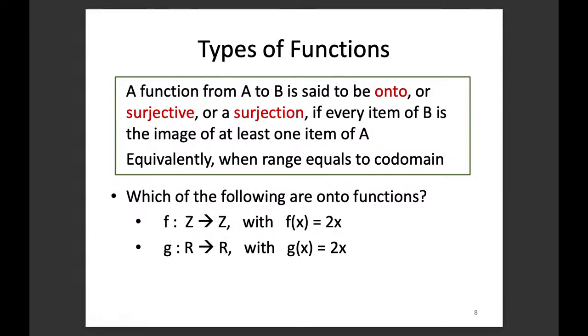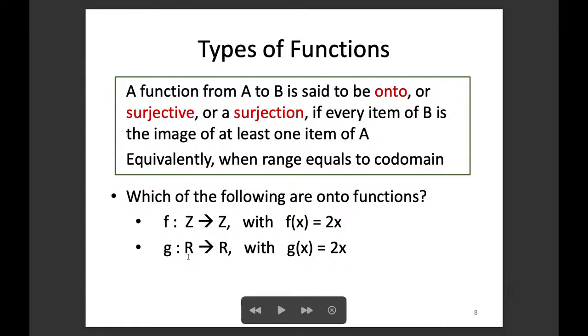So for some particular odd number, let's say 1, there is no x such that f(x) is equal to 1. In such a case, something in the codomain is not used, so this is not a surjection.